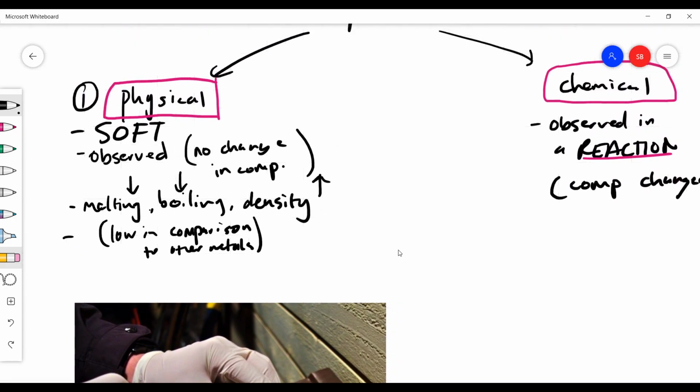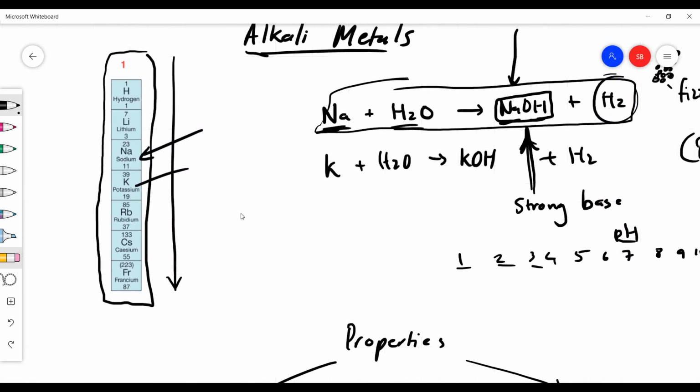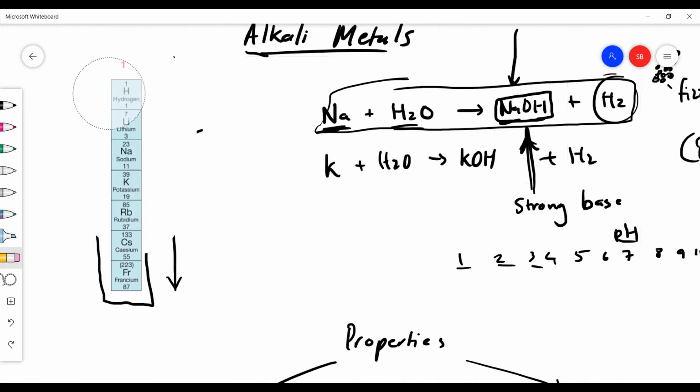The other physical property is, if you look at the boiling points of these alkali metals in this group, the boiling points generally get lower and lower as you go down. So let's come up with a random boiling point for lithium. Let's say, I don't know, 1,000 degrees.